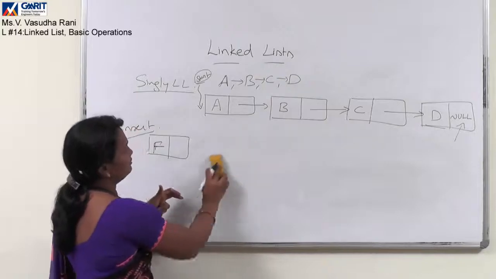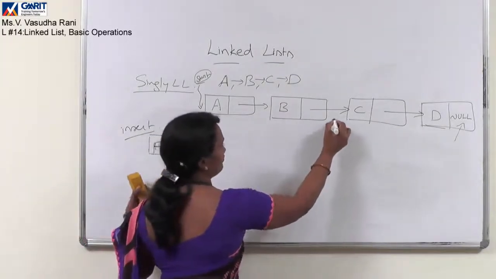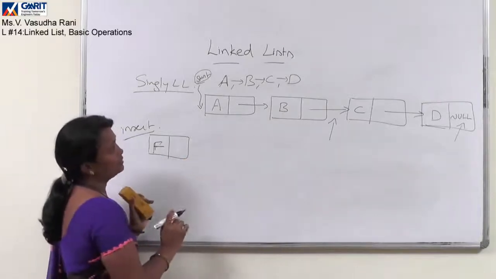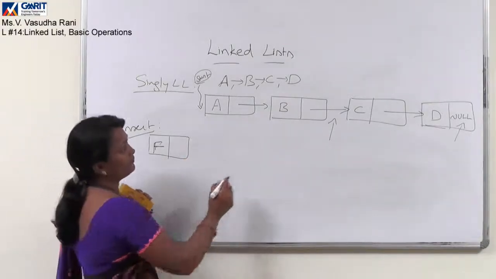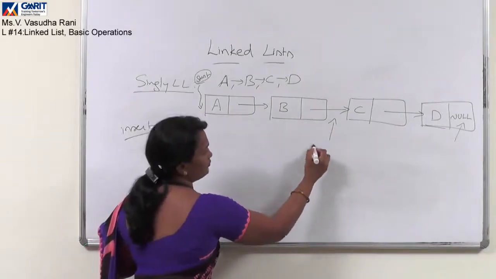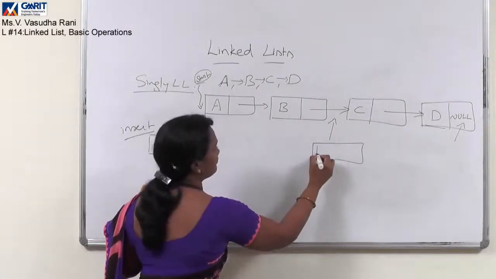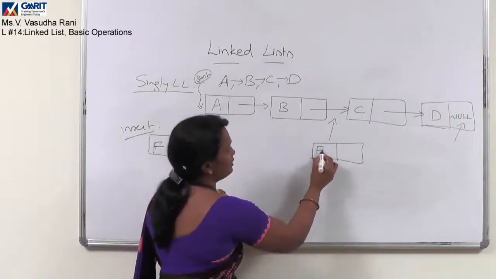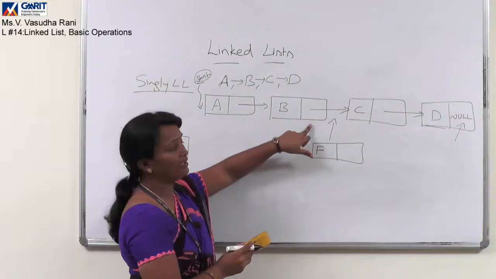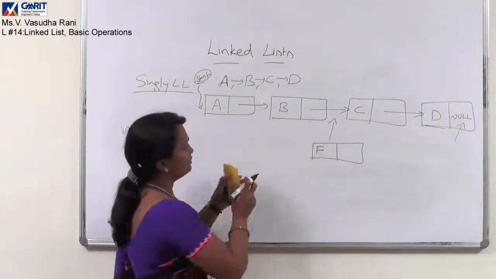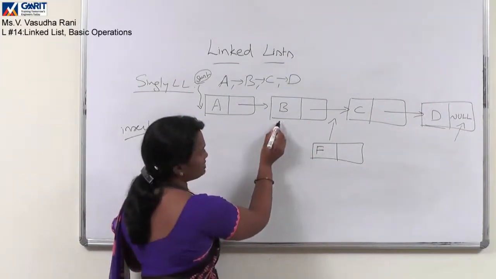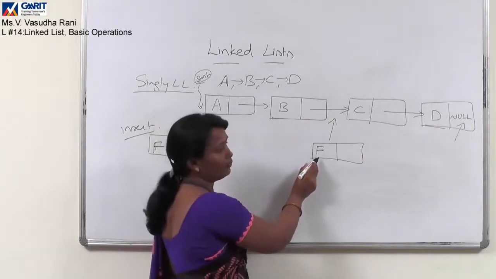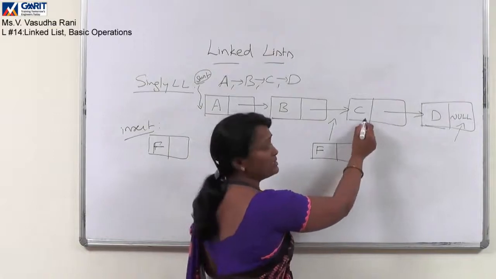After inserting F after B, the linkages should be that B has to address the F node and the F node has to address the C node.